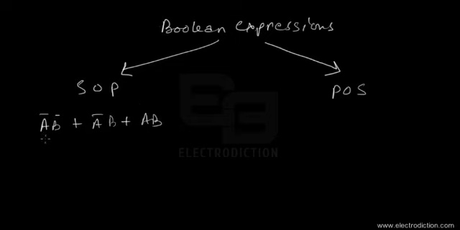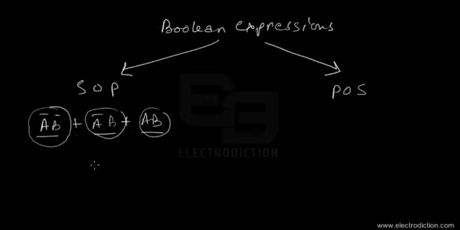Now you can see that each of these groups of variables has been multiplied together to form a product, and each of these products is added together to make the final expression for a particular digital circuit.